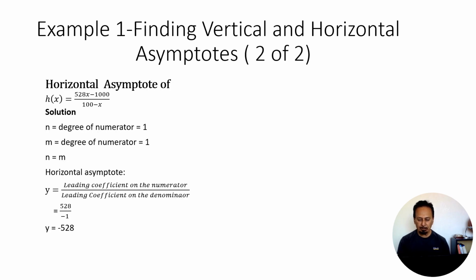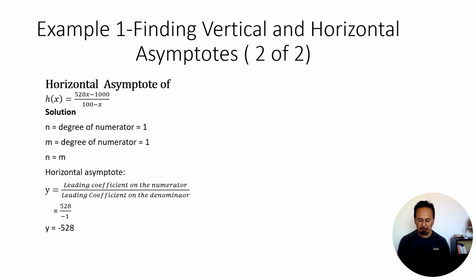Next we're going to find the horizontal asymptote of this function h of x equals 528x minus 1000 over 100 minus x. To find the horizontal asymptote, we check the degrees. n is the degree of the numerator, the highest exponent of x, and that's 1. m is the degree of the denominator, also the highest exponent of x, and that's also 1.